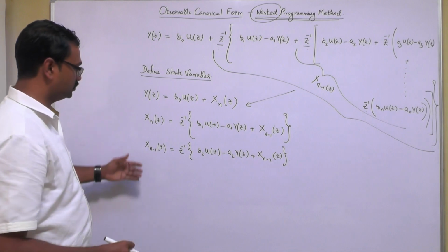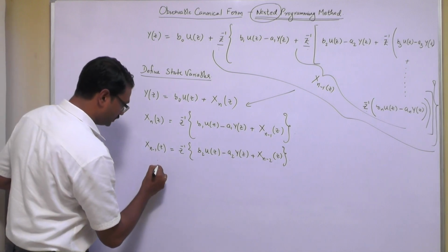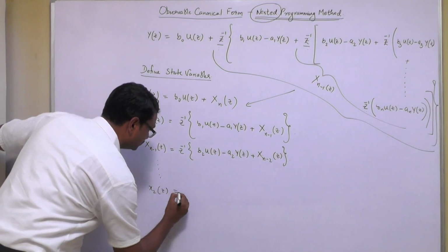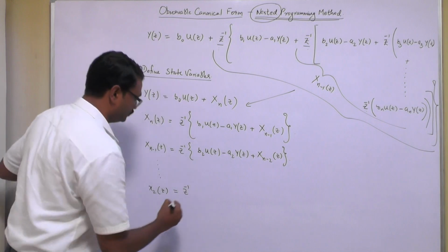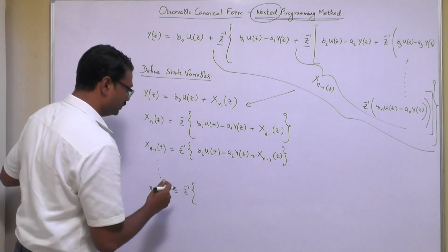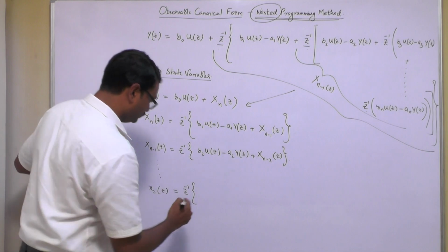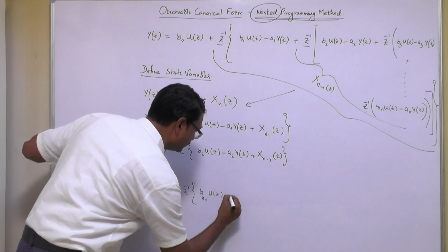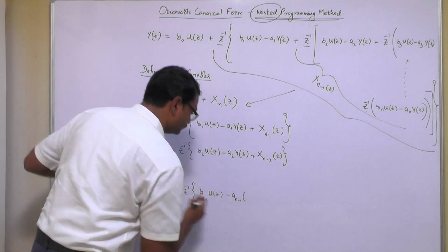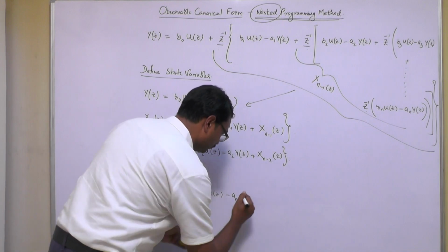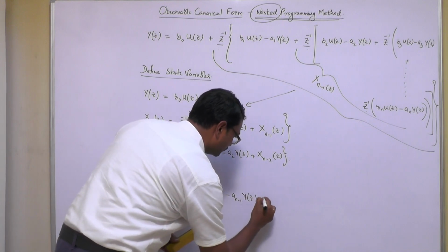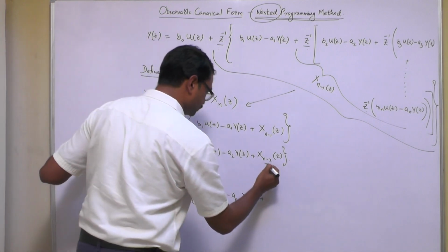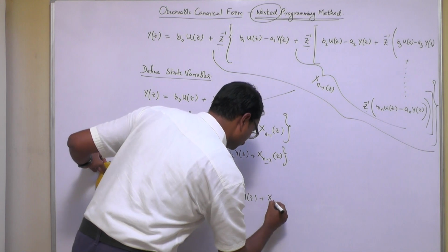So this goes on like this, and if I put n = 2, X2(z) = z^-1 (bn-1 U(z) - an-1 Y(z) + X1(z)).